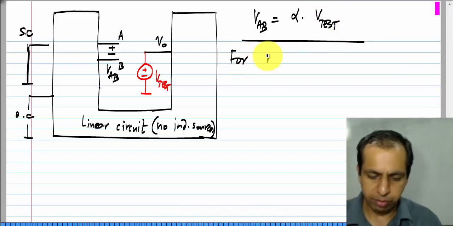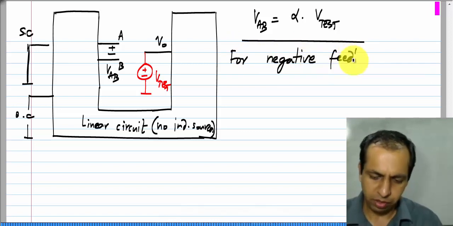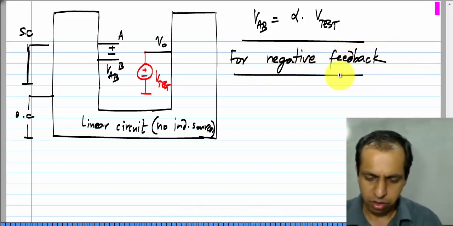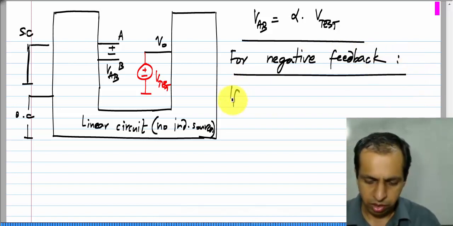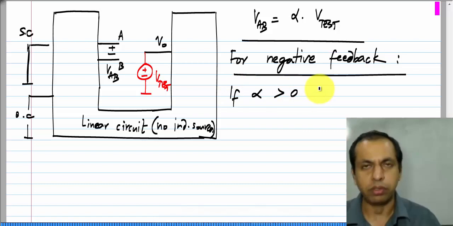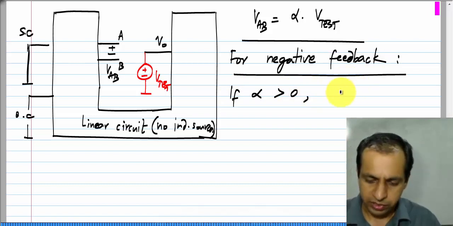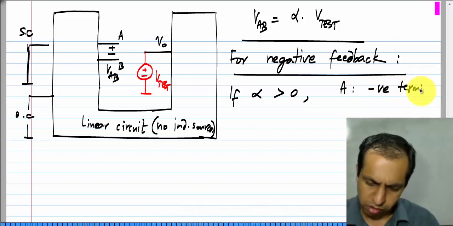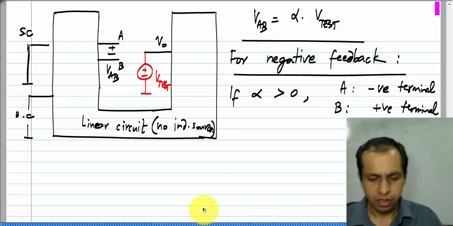Now, for negative feedback around the op amp, what I need to do is the following. If alpha is more than 0, then I should assign A to the negative terminal and B to the positive terminal. Okay.